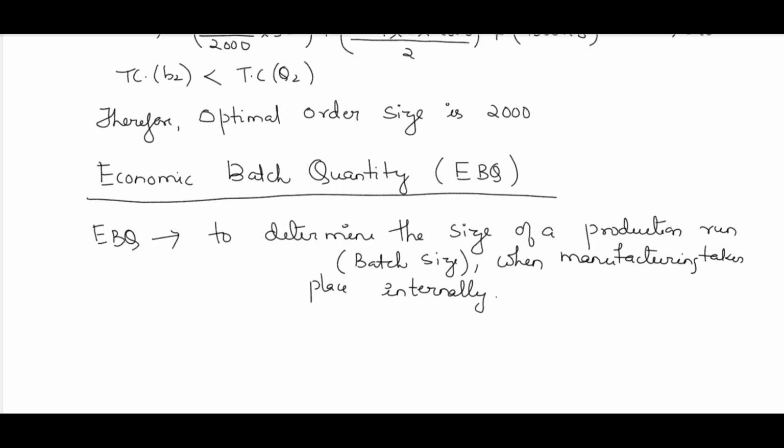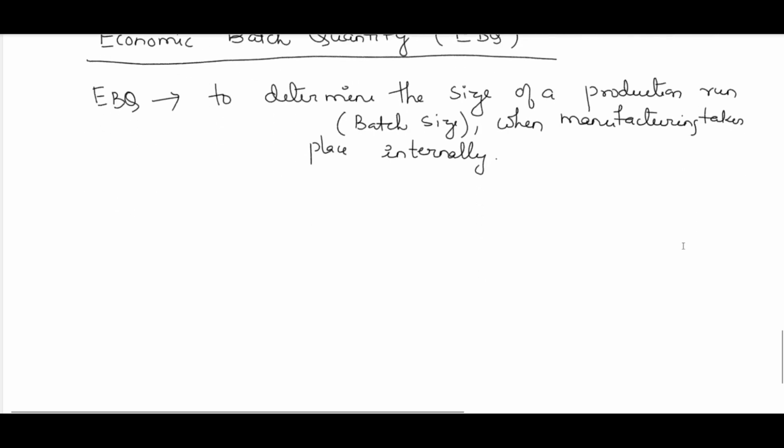In EBQ also we will be manufacturing, but what is the optimum size that we should manufacture, that we determine by means of EBQ. When there is a purchase model, it is an EOQ model. When there is manufacturing, it is an EBQ model.